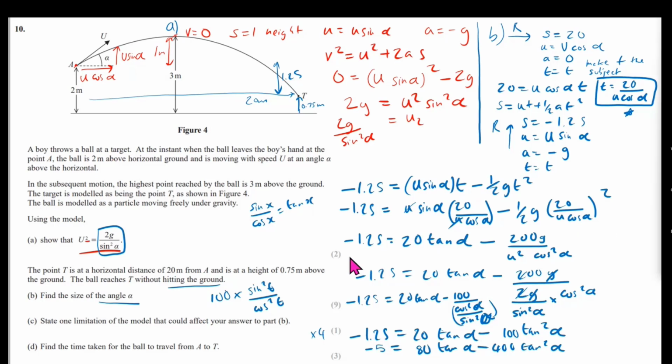Right, if I go next page, I'm not going to get there, so I'm going to jump a step. Where can I write this? I'm going to continue over here in green.